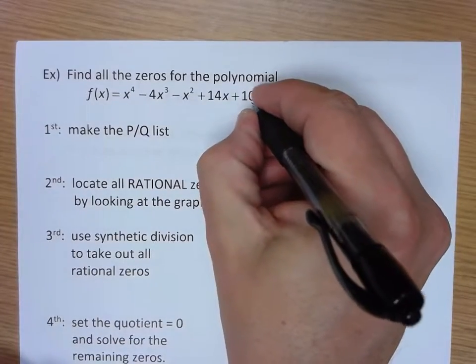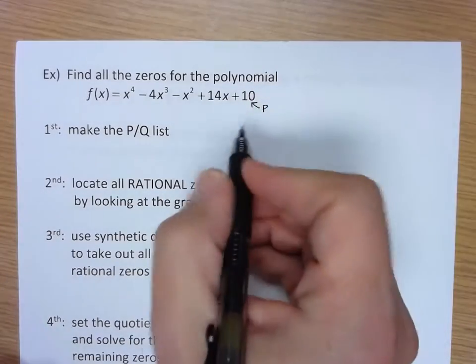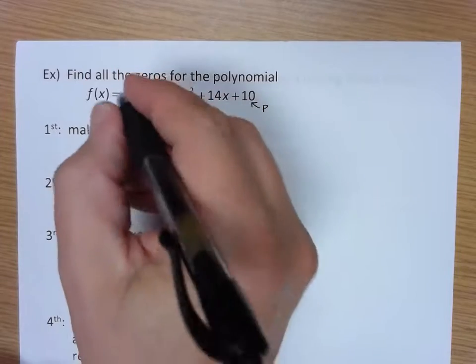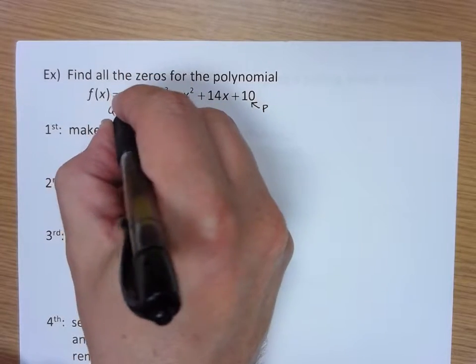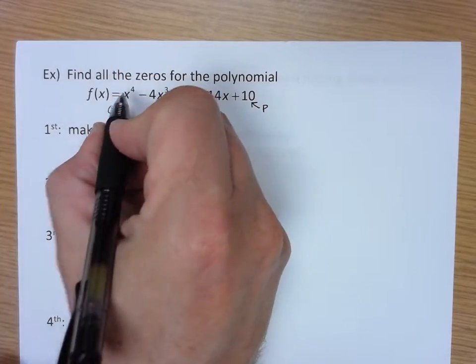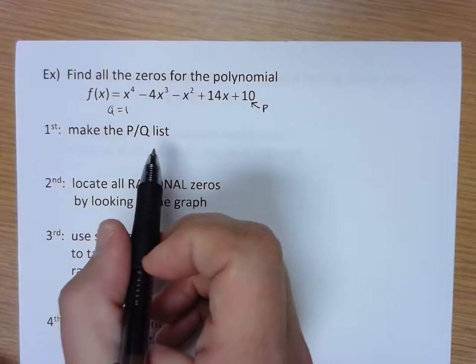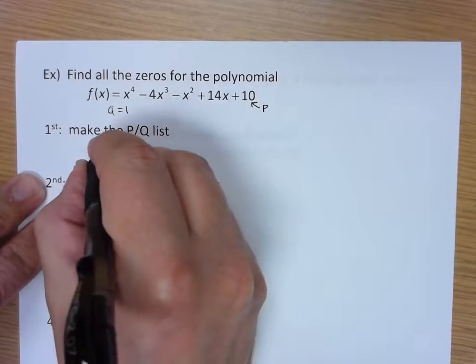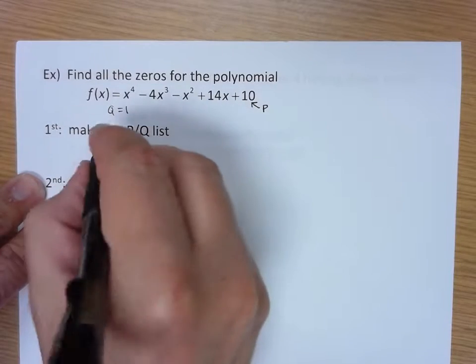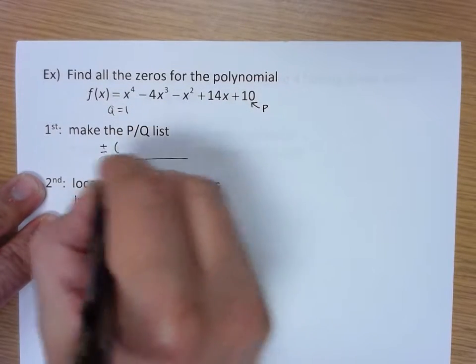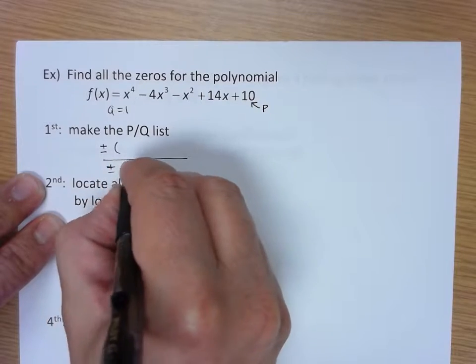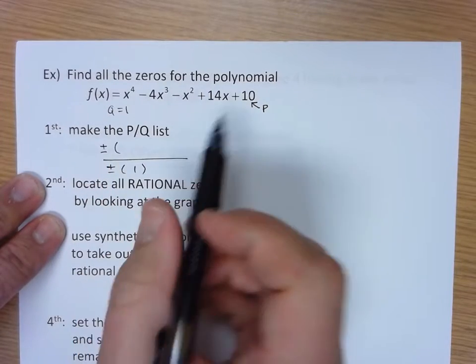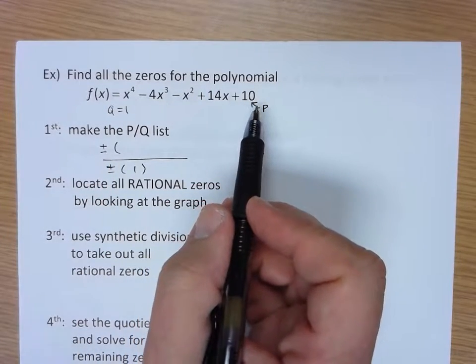So remember, P is the constant term at the end. Q is the leading coefficient, and in this case your leading coefficient is 1. So that kind of helps out when you're making the P over Q list, because when you're doing plus and minus factors of 10 over plus and minus factors of 1, it's really just going to fall into the plus or minus factors of 10 itself.